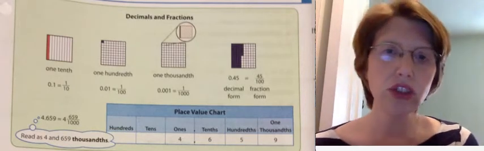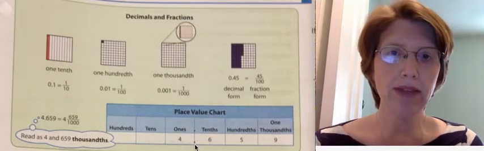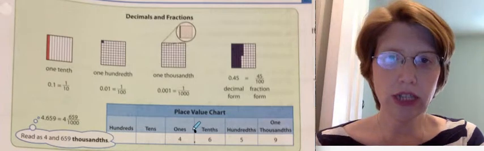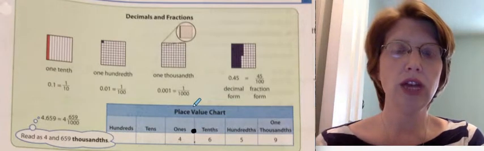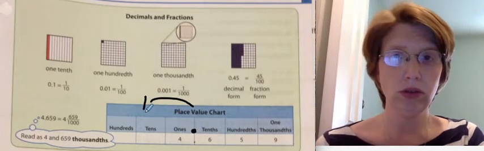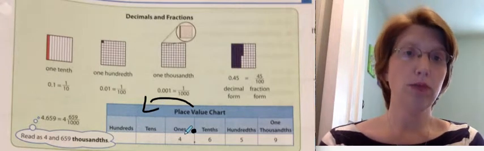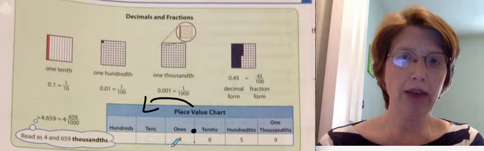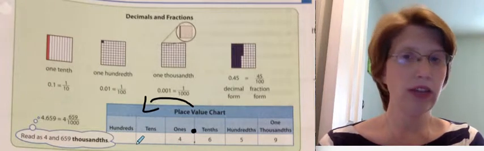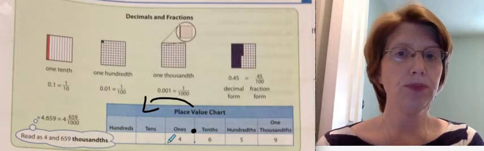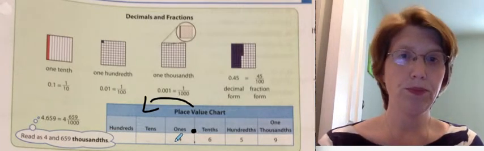If you look at the chart, remember we have the decimal here. This is where your decimal is. If I go to the left of the decimal, this side, I have whole numbers. How many in the ones place? A 4. There's nothing in the tens and nothing in the hundreds. So my whole number is a 4.